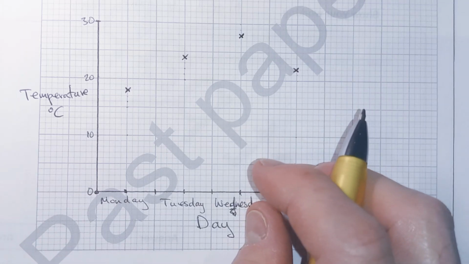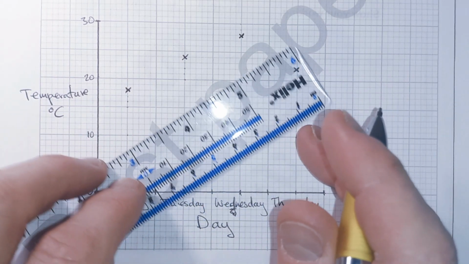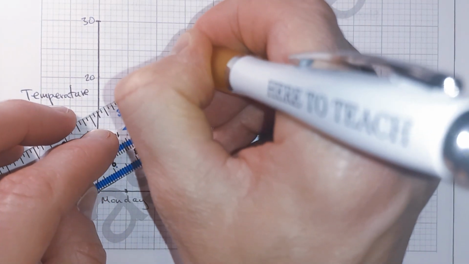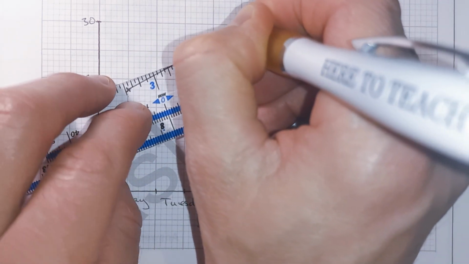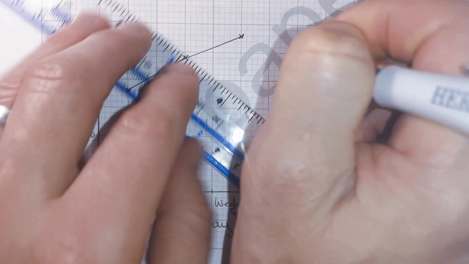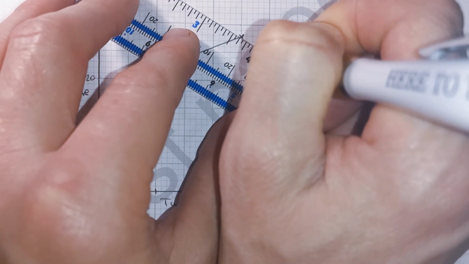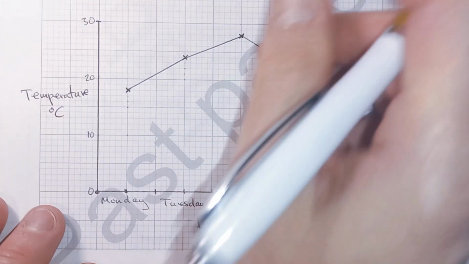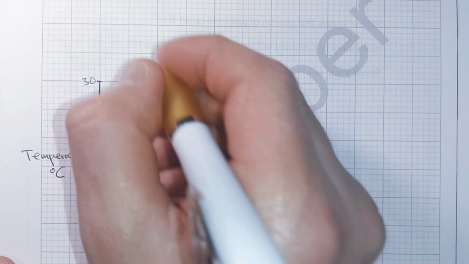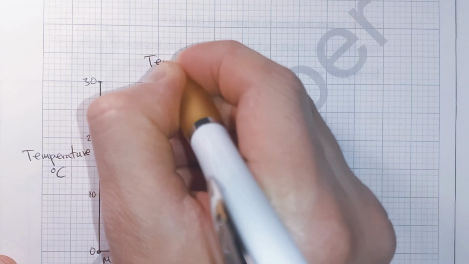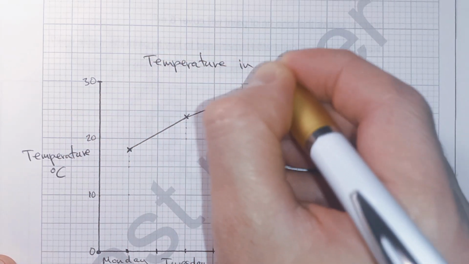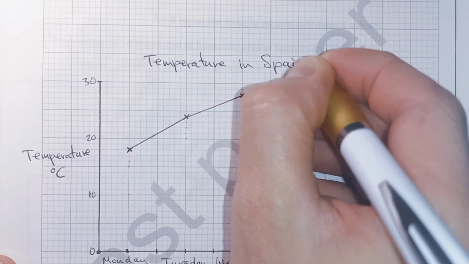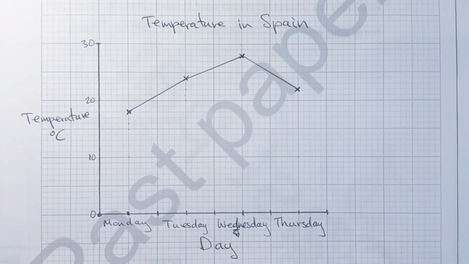And then we just use our ruler to join all our points. And I'm going to give this a title. I'm going to call it Temperature in Spain. And there's everything that we need.